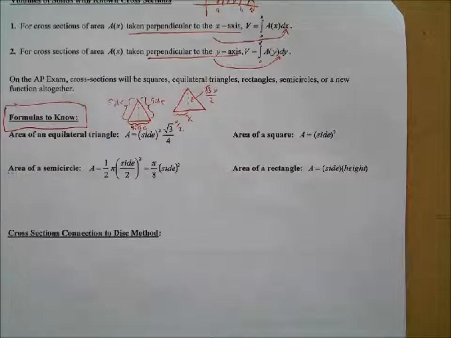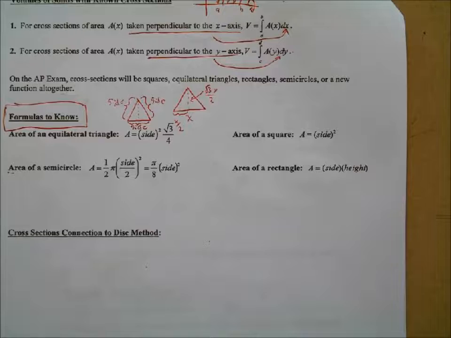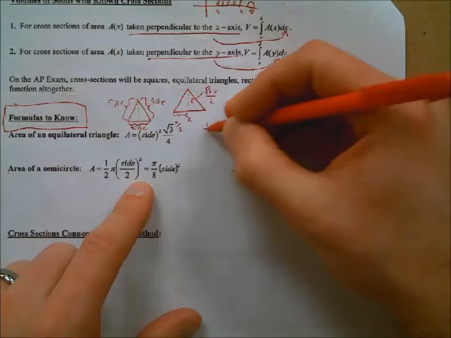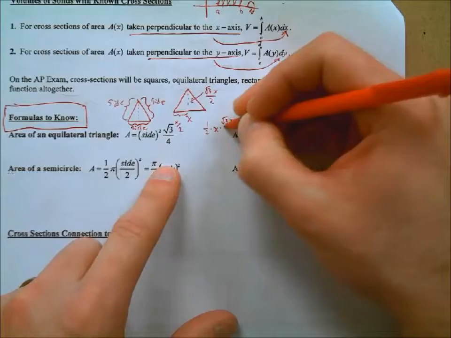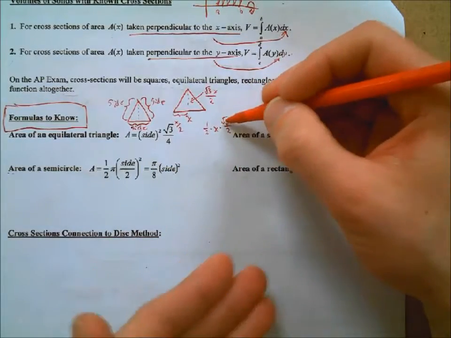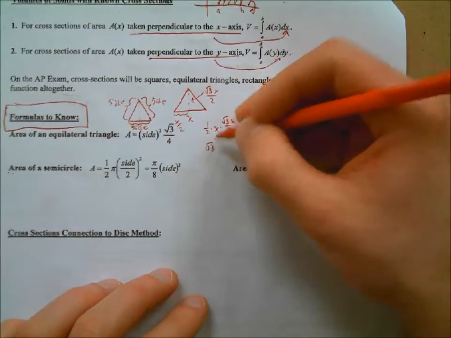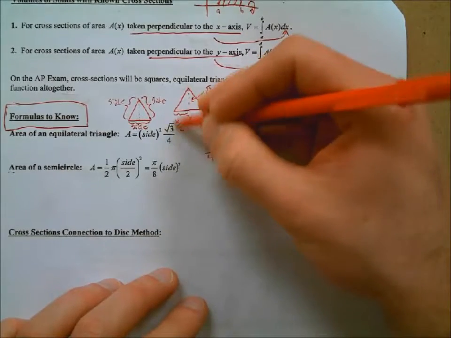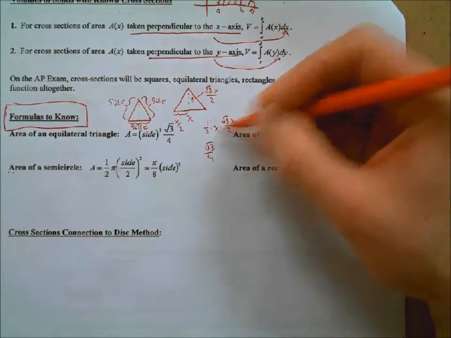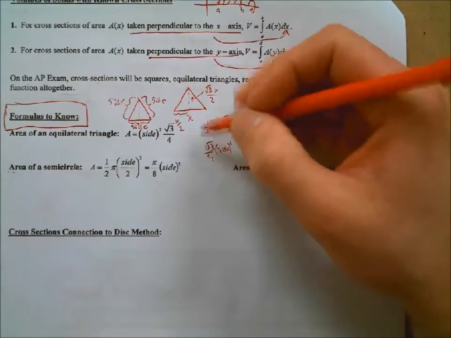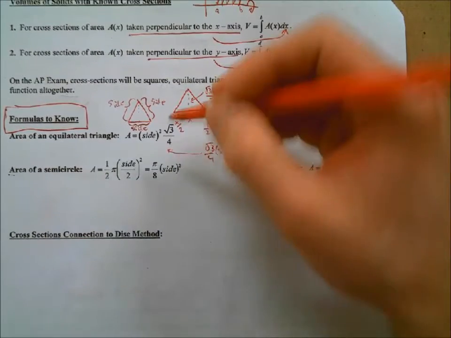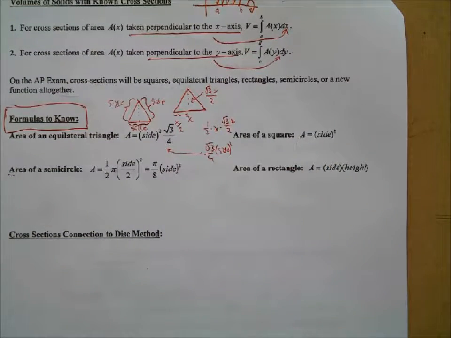Which means the area of this triangle will be 1/2 times the base of x times the height of √3x over 2. If you combine those, √3 times 1 is √3, 2 times 2 is 4, so there's the √3 over 4, and then x times x gives you x squared, so it's side squared. Because again, x was the side; we used x for side length. That's where that comes from. But again, that's a formula you'll need to have down if our cross sections are equilateral triangles.